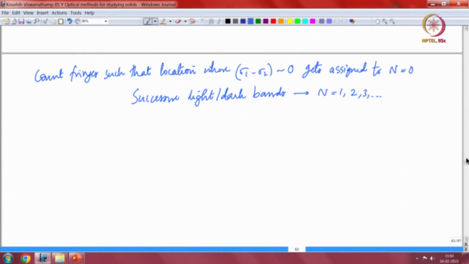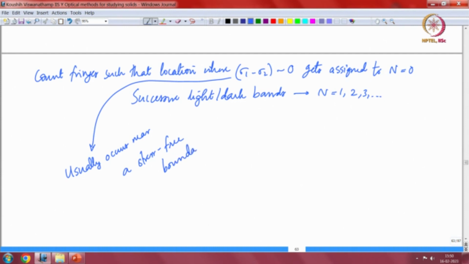Otherwise you can just increase count from this location, and usually this location occurs in a practical problem near a stress free boundary. So, if you are using this to study cracks and so on, you would usually get the 0th order fringe very close to either the crack tip or the lateral faces and so on. So, that is basically what you have to do.